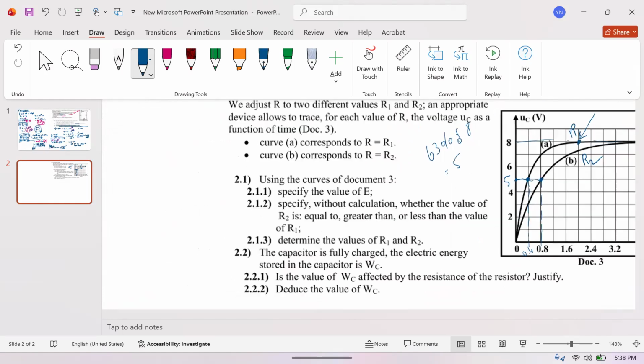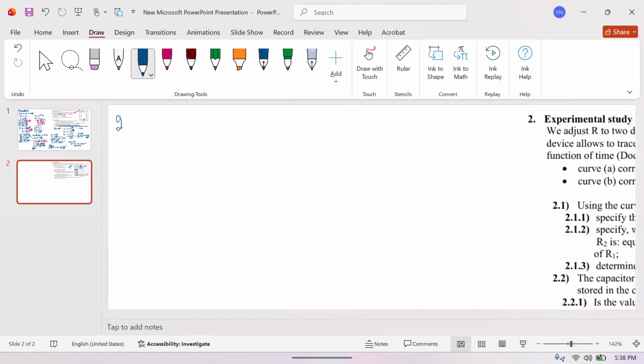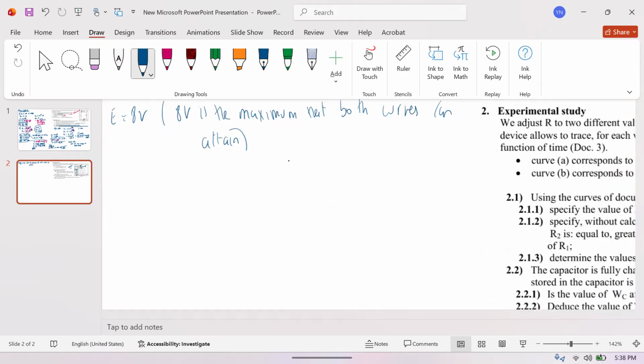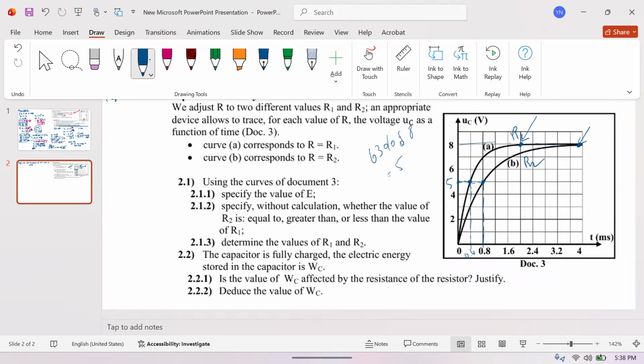Okay, so 2.1.1, E is equal to 8. Justify: because 8 is the maximum value that both curves can attain. Or you can simply say it's the horizontal asymptote. The curve gets really close to 8.